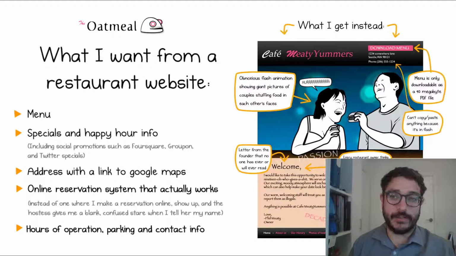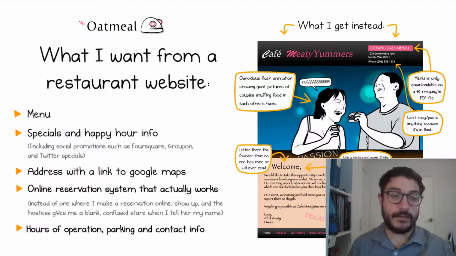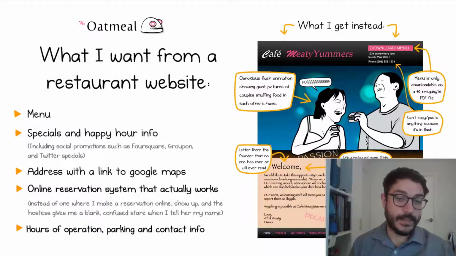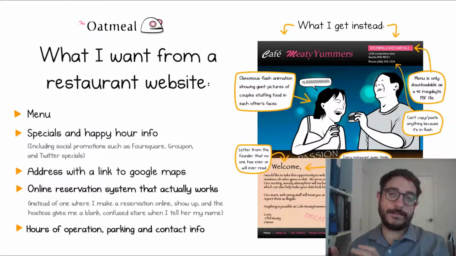If I go to a restaurant website, what could it be that I need? I need the menu, I need the specials and the happy hour info, I need the address with a link to Google Maps, I need an online reservation system that actually works. So this is the difference between what I really want and what I really get.